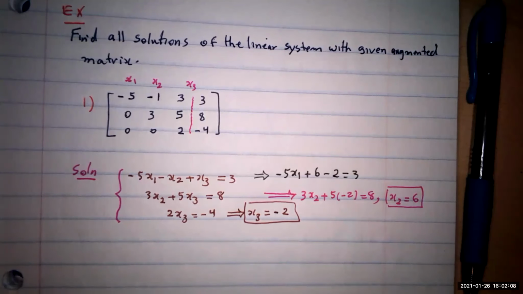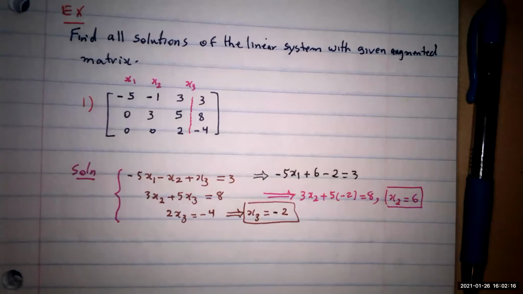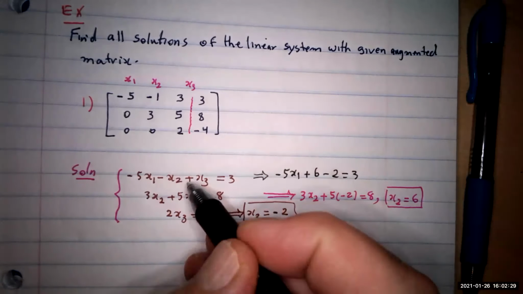I have x3 equal to -2 and x2 equal to 6. And, oh, there is a 3 here that I missed, sorry.